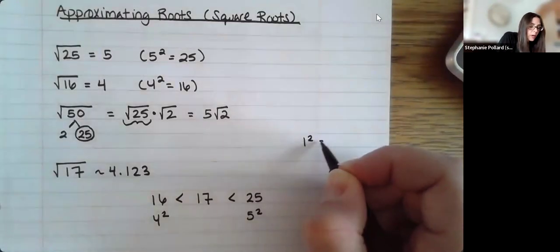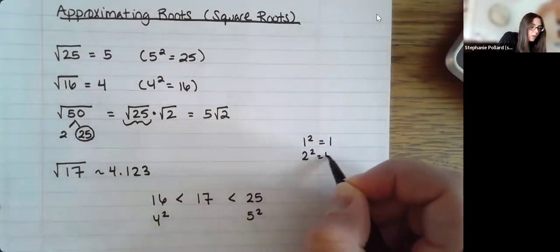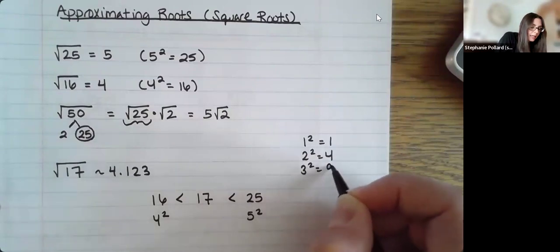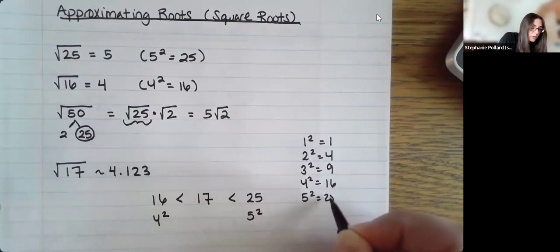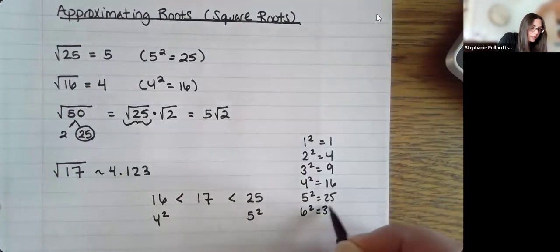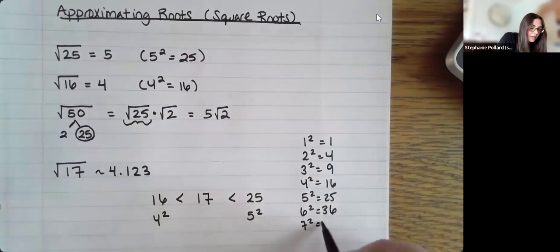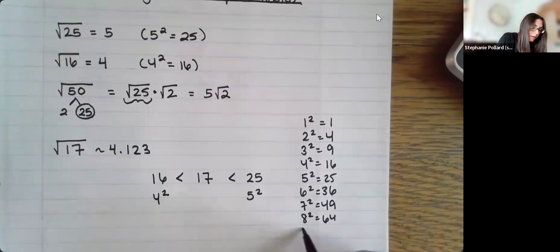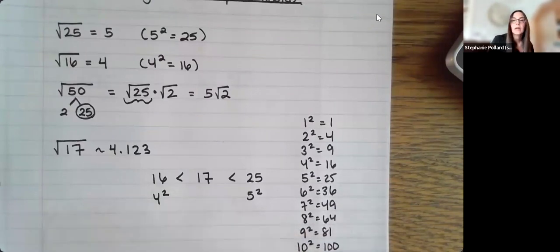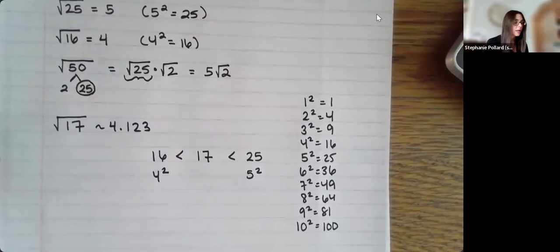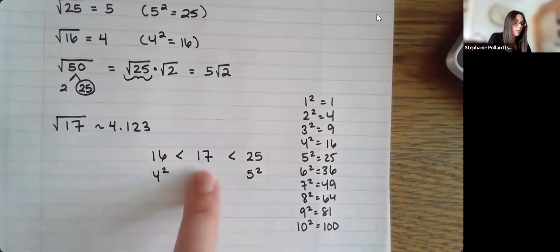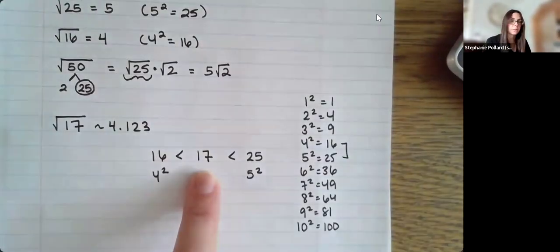So 1 squared is 1, 2 squared is 4, 3 squared is 9, 4 squared is 16, 5 squared is 25, 6 squared is 36, 7 squared is 49, 8 squared is 64, 9 squared is 81, and I'll stop at 10. 10 squared is 100. But of course, you can go further than this as well, but it's nice to be able to recognize these. And I can recognize that 17 is between these two perfect squares right here.